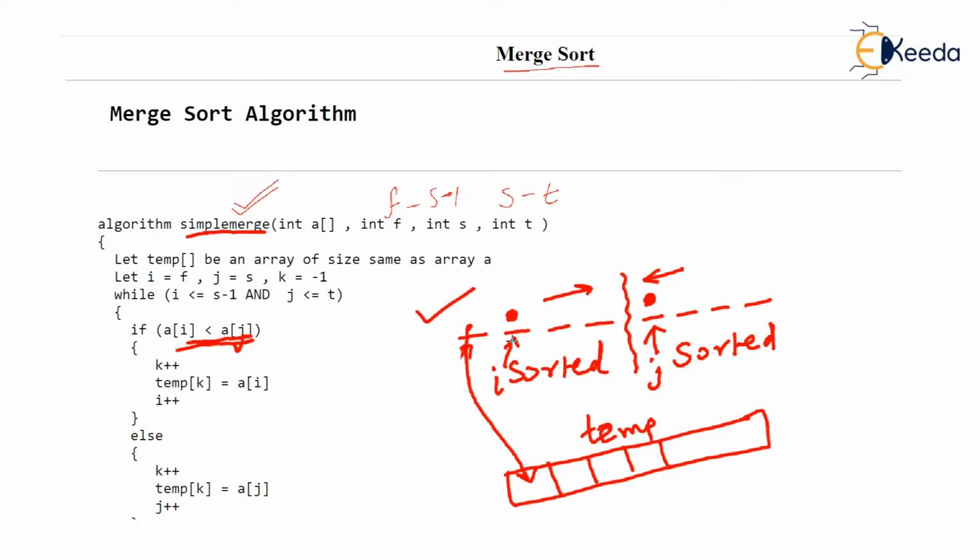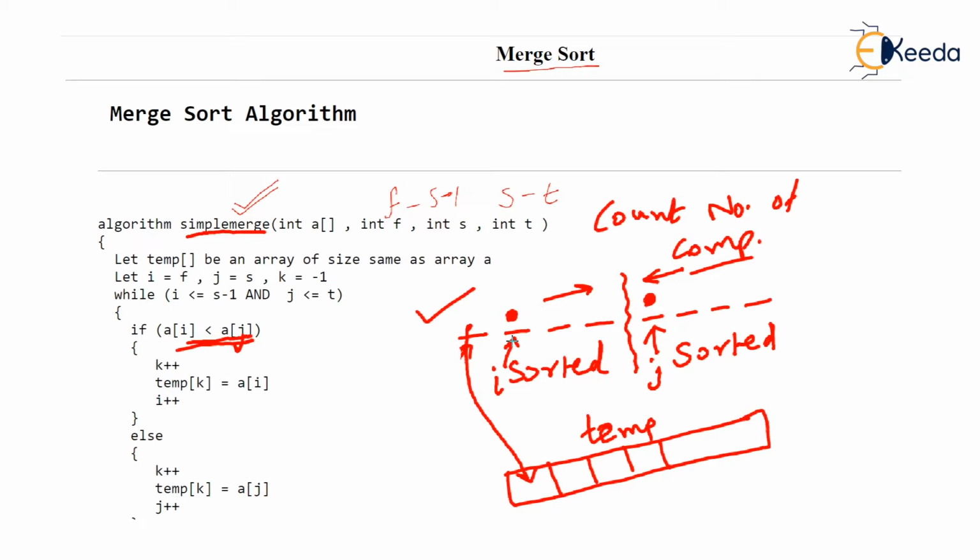So the analysis of simple merge is simply counting. You just have to count the number of comparisons that will be done between the elements of the left part and the elements of the right part.